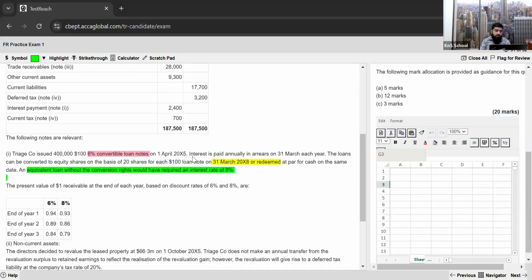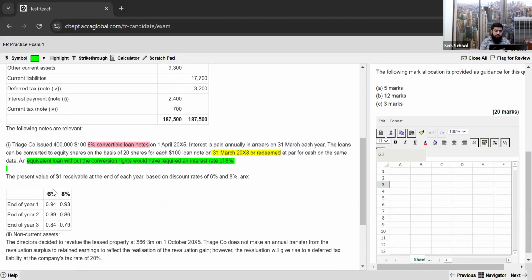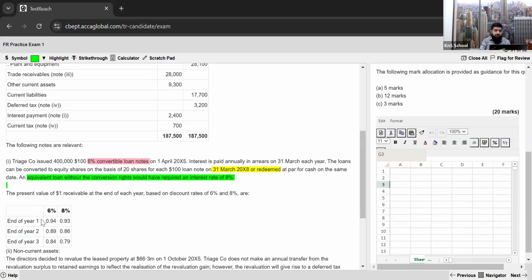So the present values are given for both the 6% and 8%. Can any one of you please let me know whether the discount factor for the 6% is relevant or irrelevant? Discount factor is irrelevant.